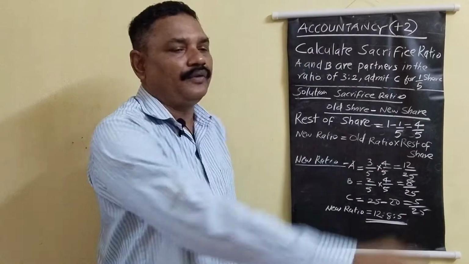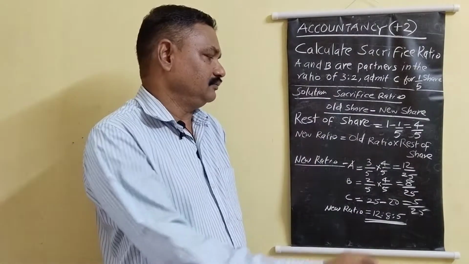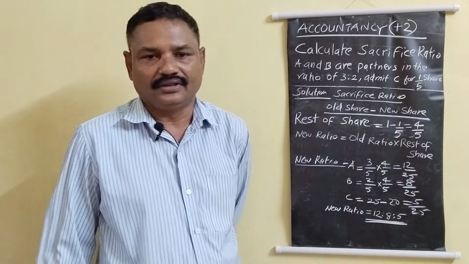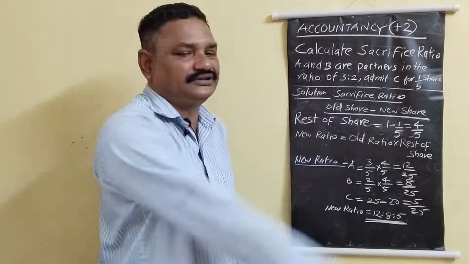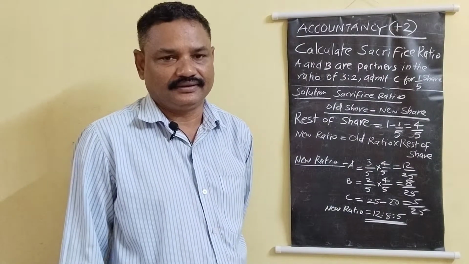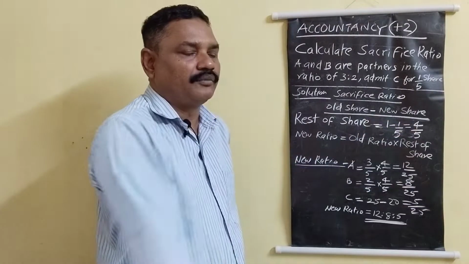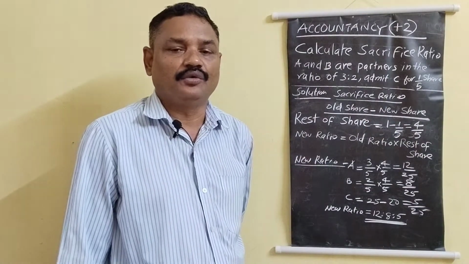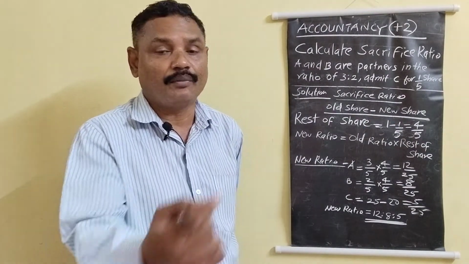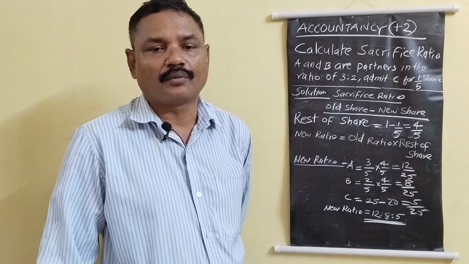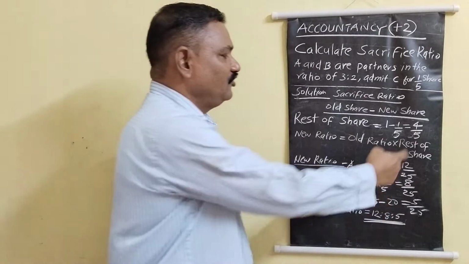First of all, we have to find out the rest of share. Rest of share is equal to 1 minus 1/5. This 1 is the assumption that we take from our mind. So 1/5 proportion is given away to the new partner by the old partners. So 1 minus 1/5 is equal to 4/5. This is the rest of share.